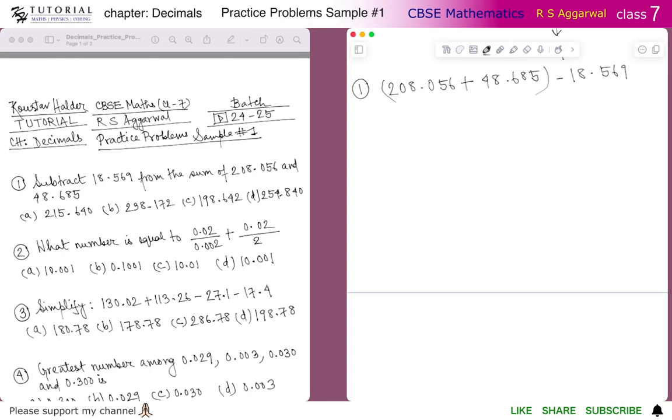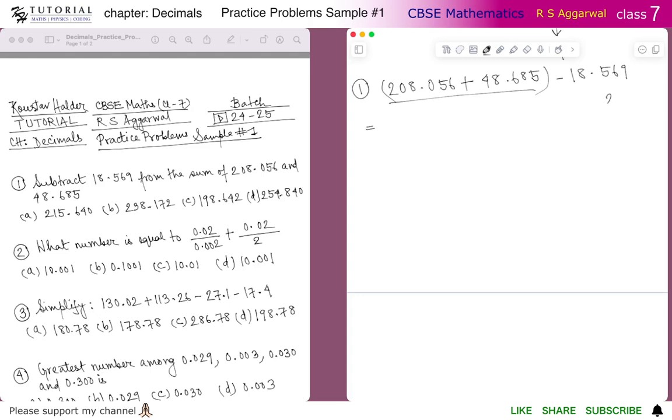So what we will do is we can see that all the decimal numbers are like decimals because they have decimal places of 3. So we will first evaluate this. How do you add decimals which are already like decimals?